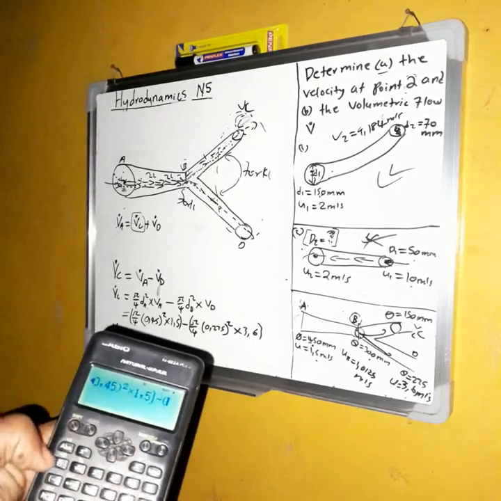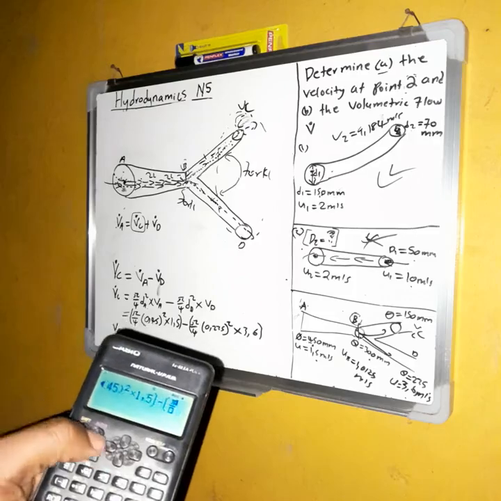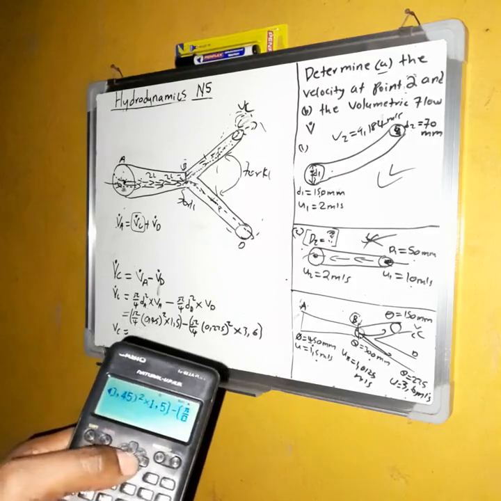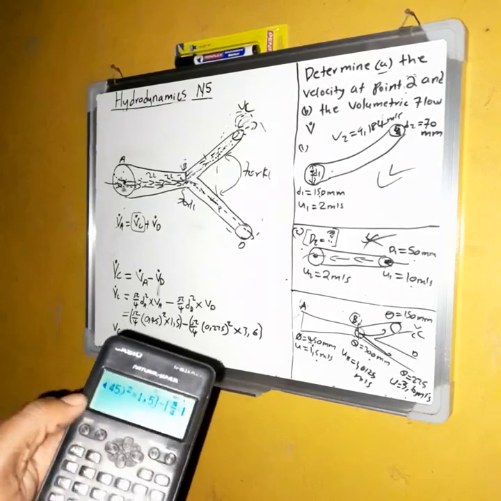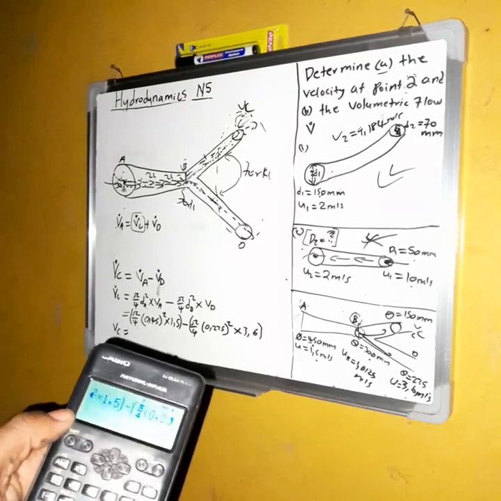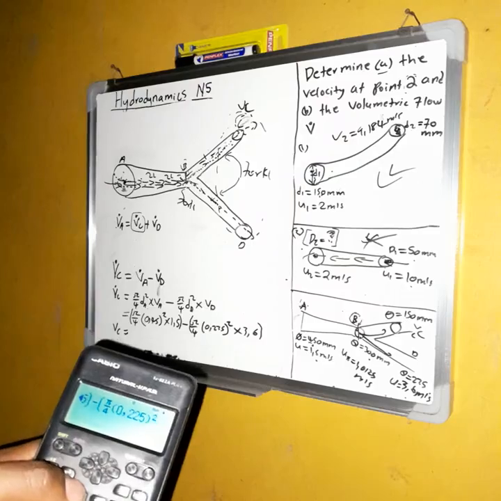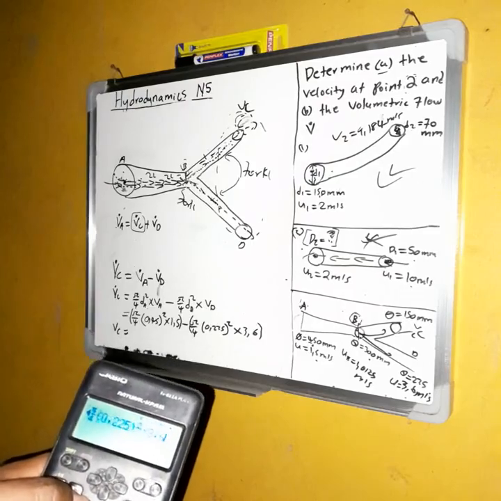Minus bracket pi over 4 into 0.225. We square that times 3.6.